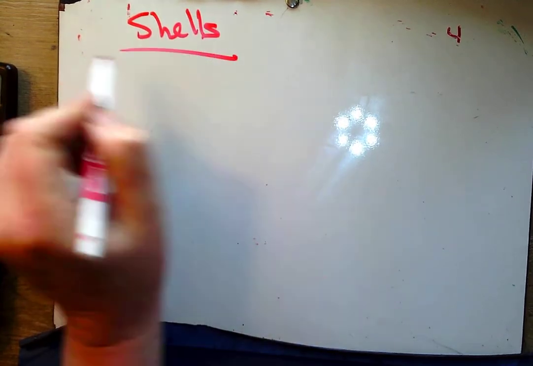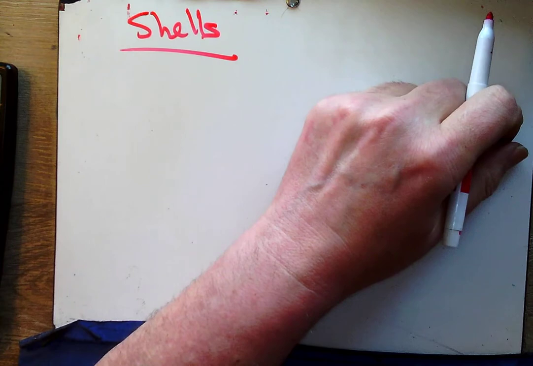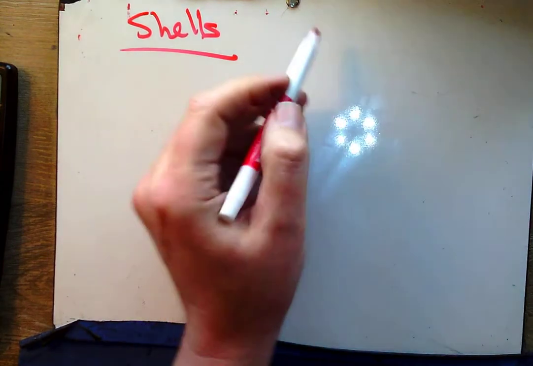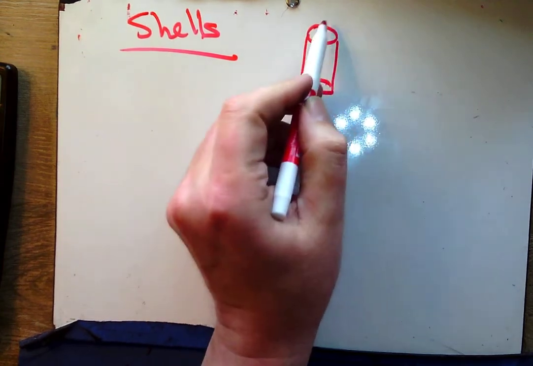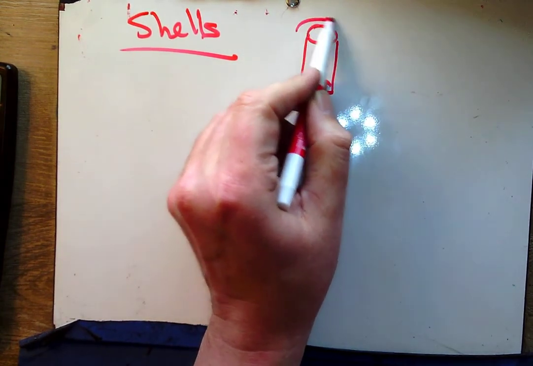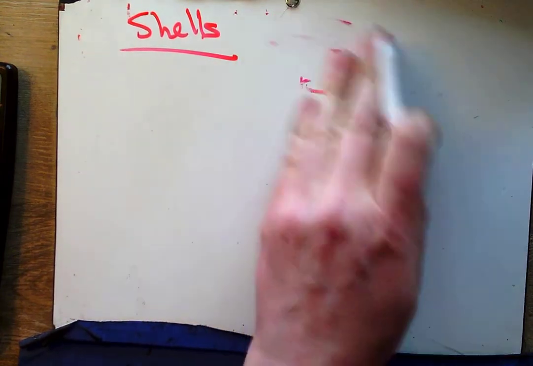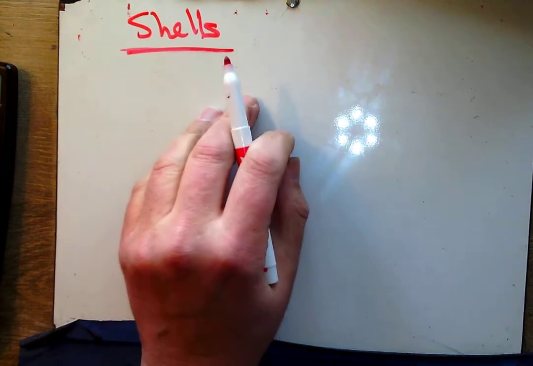Well, now, let's broaden our conversation to shells. Now, about shells. There are a bunch of cylinders that we're stacking. You've got this, and then you put another one. Let me pause and show you some shells.